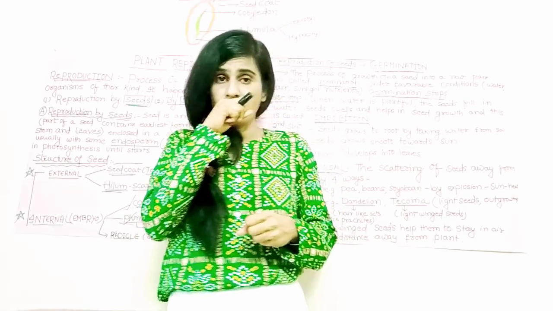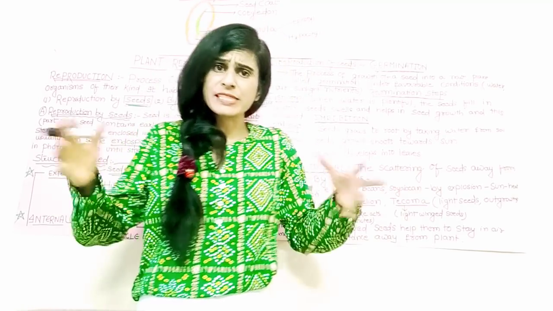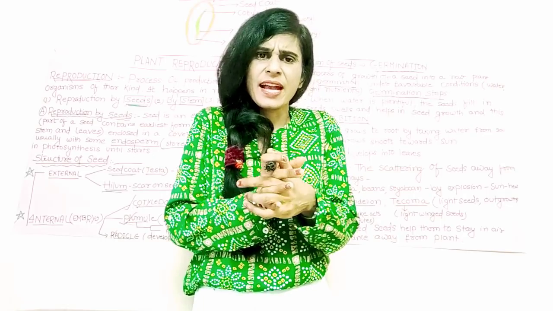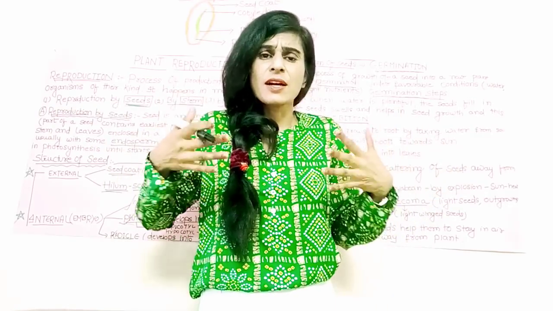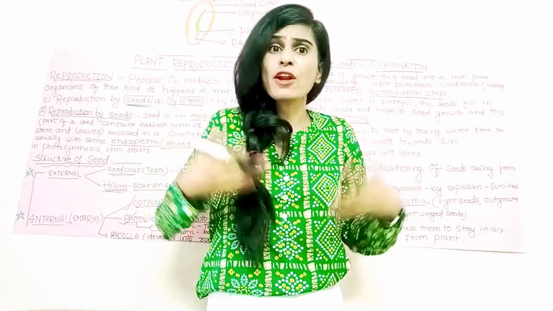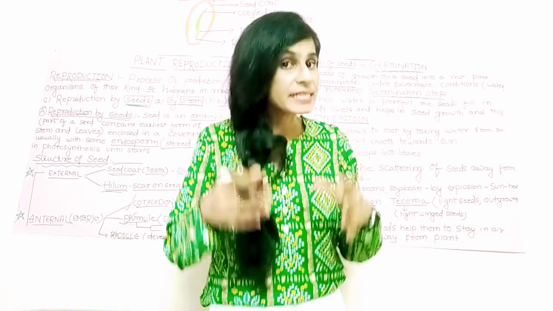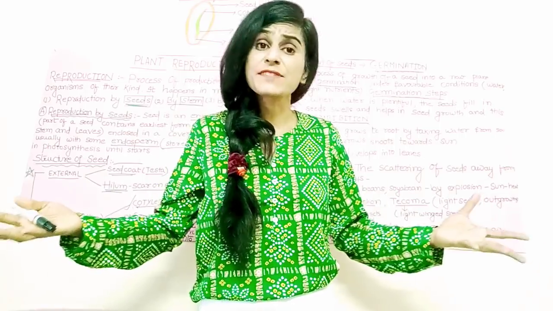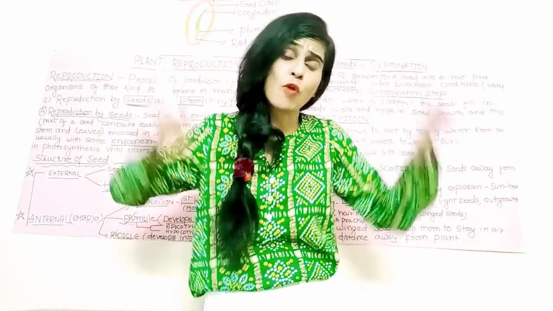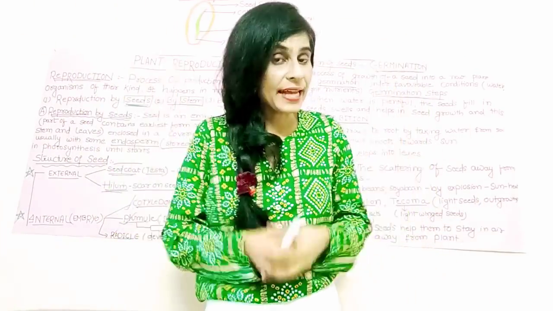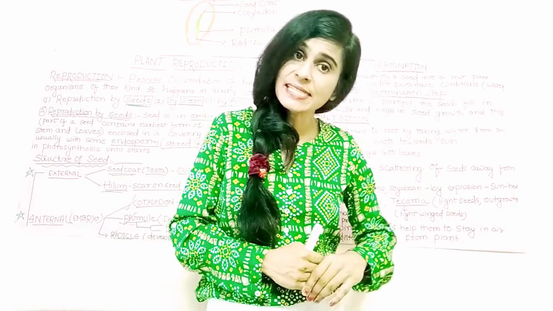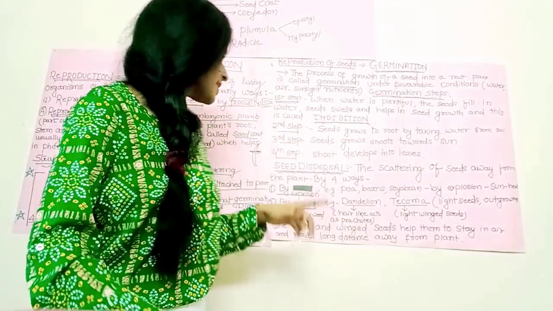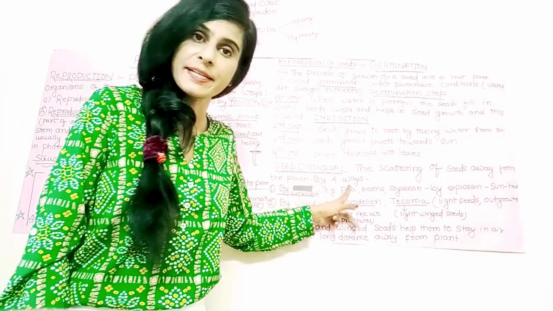Even in your class, when you sit very close to one another and it's summer season, we don't get enough air, right? So in the same way, if the seeds are very close to one another, they don't get enough space to get enough sunlight, water, minerals. And hence nature has developed a mechanism, and that mechanism is called seed dispersal.